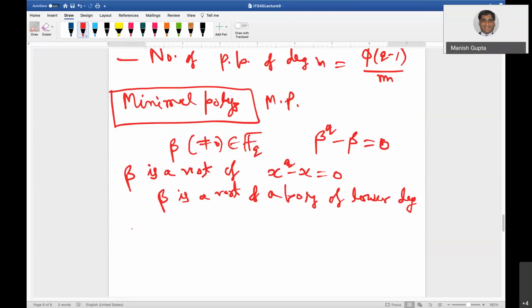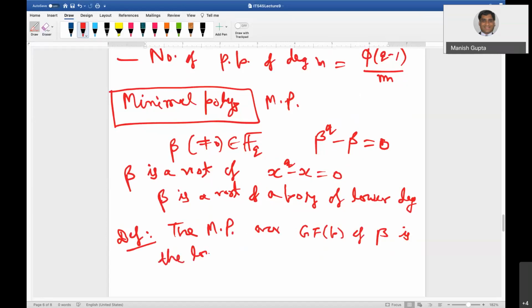So we can formally define the minimal polynomial MP over GFP of beta is the lowest degree monic polynomial.